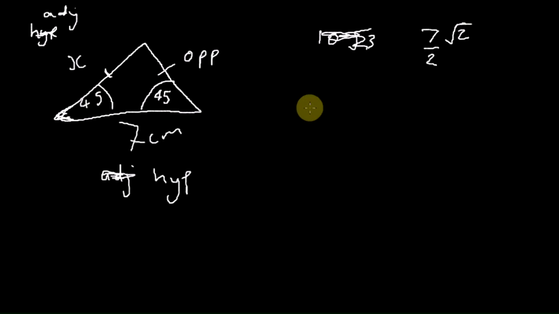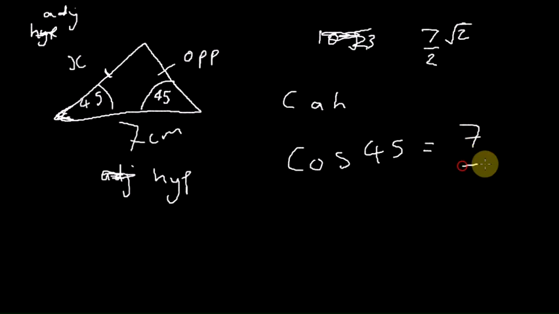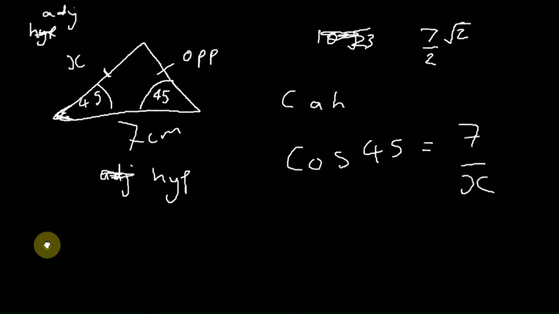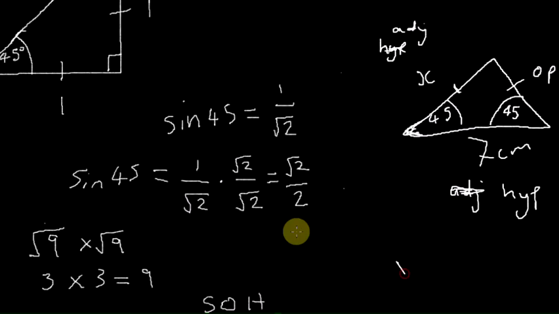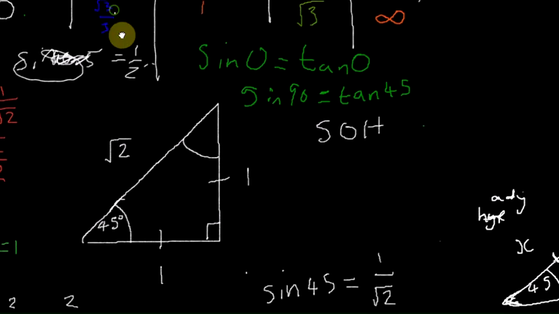So that's going to be SOHCAHTOA. So that's going to be cos 45 equals 7 over x. And we need to just go back to our table.